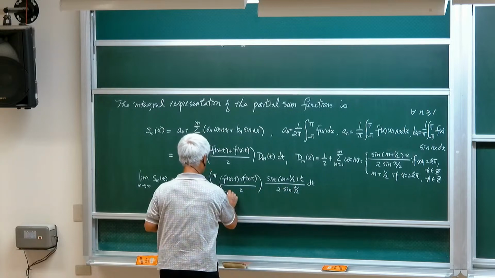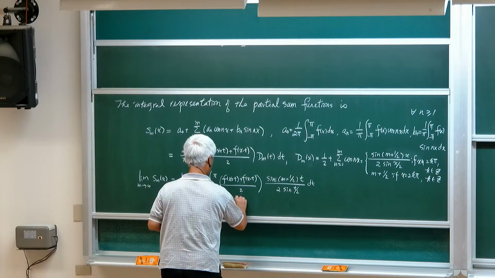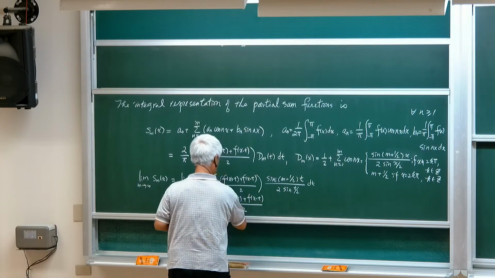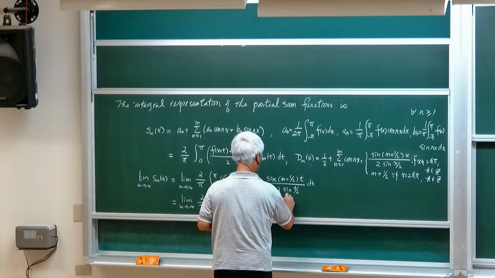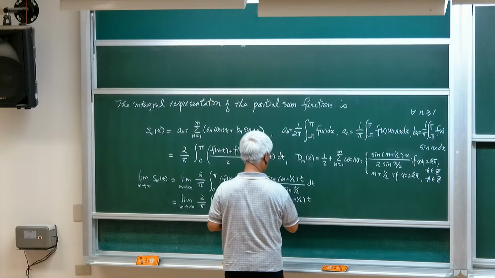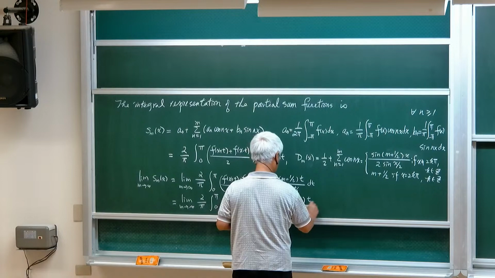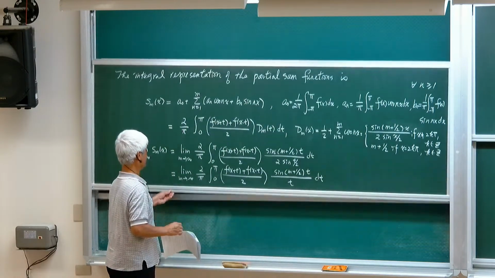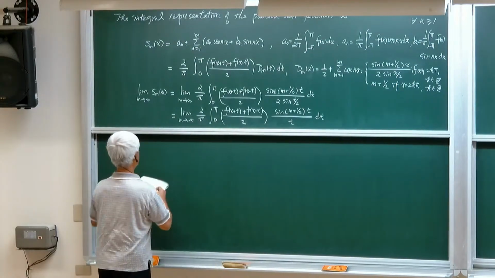All right, so sine of (n plus 1/2) t over t, dt. Okay.